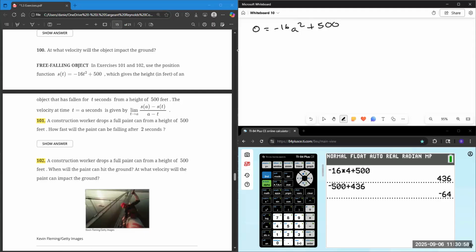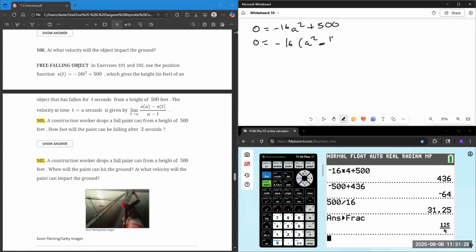And so I want, let's see, divided by 16. So this is negative 16 a squared minus 125 over 4.